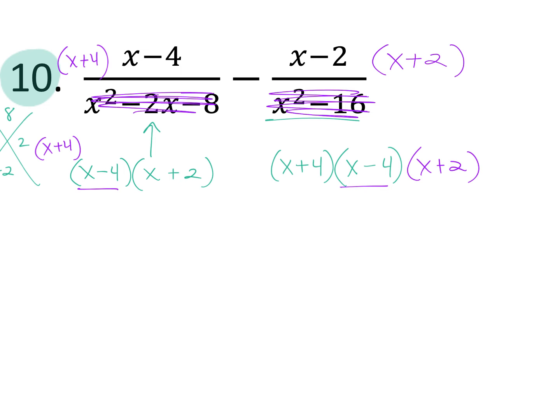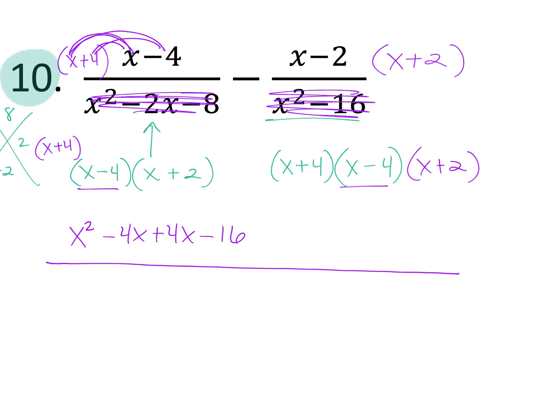So up top here, we're going to distribute this, right? Multiply all of that. So you get x squared minus 4x plus 4x. So that's going to go away. Minus 16. Okay. I'm just going to set it up as one big numerator right now. So this is the left side. This is all this.